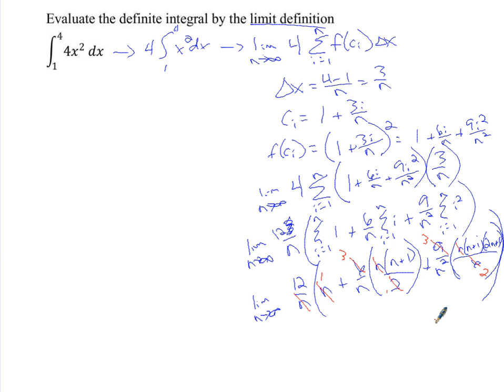Let's rewrite it. Limit as n approaches infinity of, I still have that 12, parentheses, 1, plus 3 over n squared times... yeah, let's FOIL that.